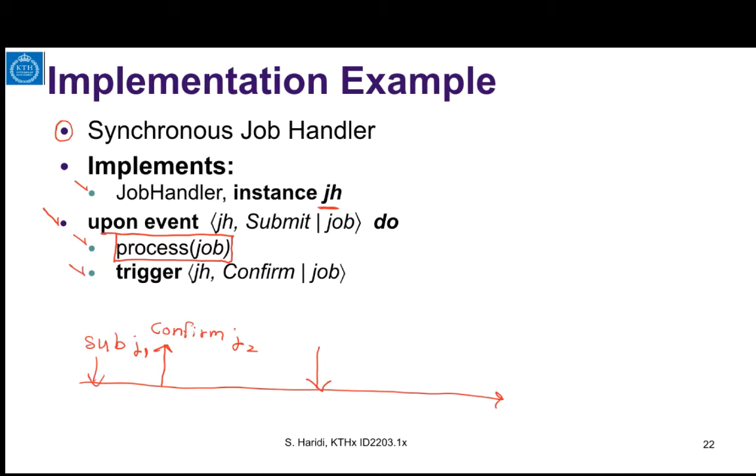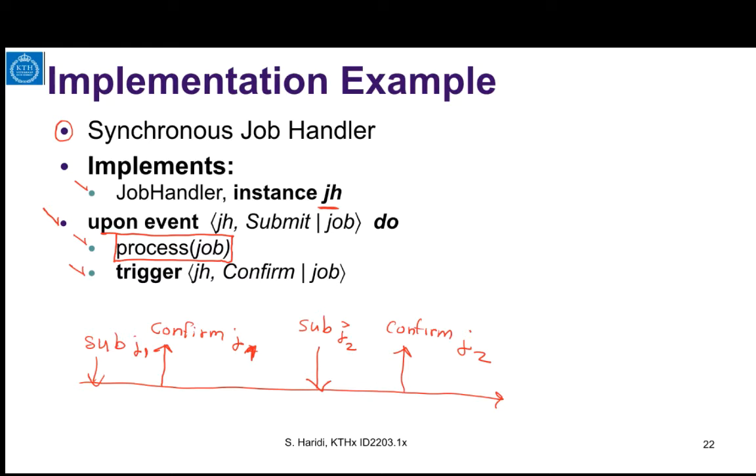Then we accept the next submit, call it sub here, to mean submit, J2, and then we get confirm J2. So this sequence satisfies the specification. The sequences that this implementation produces are always a subset of all possible sequences allowed by this specification.